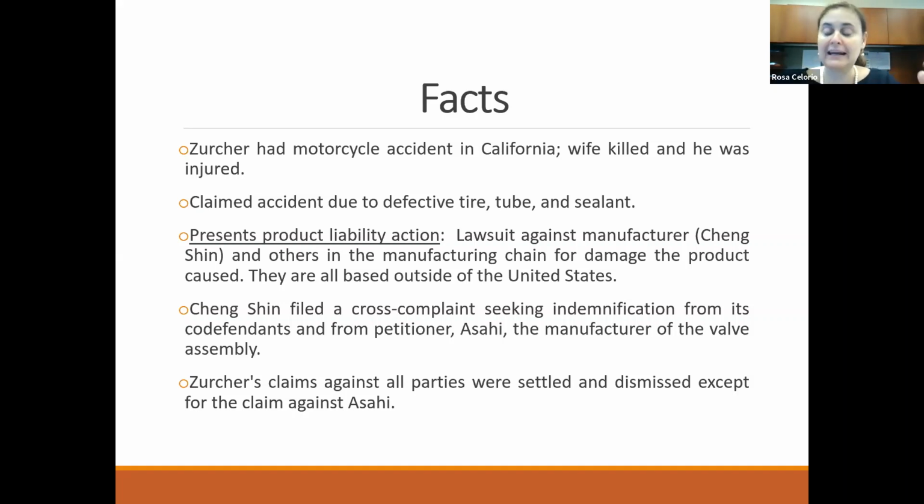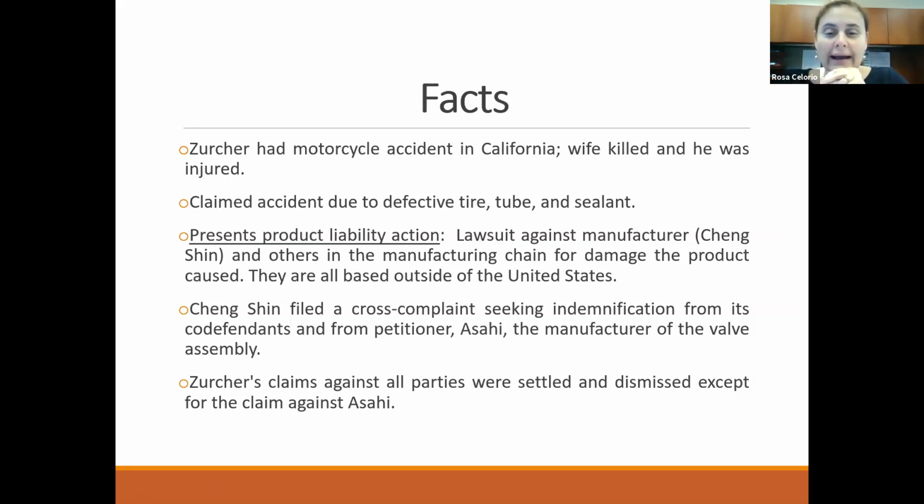At the lower court level, it had an intricate and complex procedural history, which signifies that Asahi ends up being the only defendant, especially when the case reaches the higher court level, the Supreme Court in California, and then the United States Supreme Court as well.